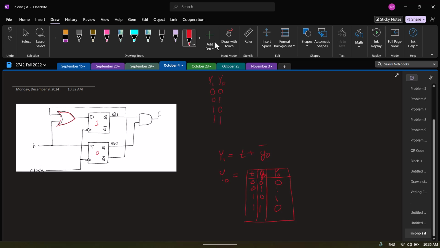So y0 equals the exclusive OR of little y0 and t. Let's see, does that make sense?